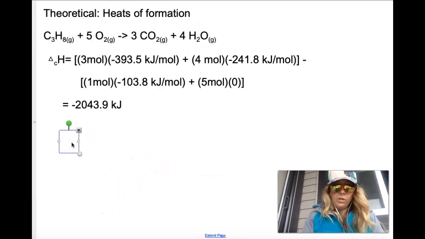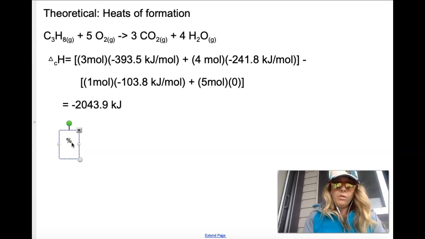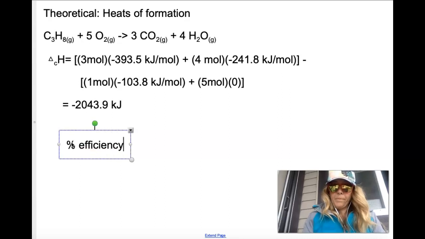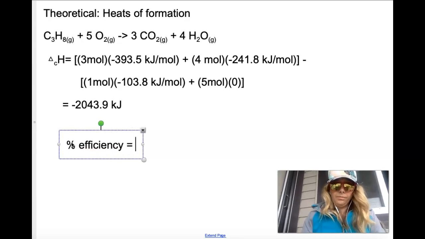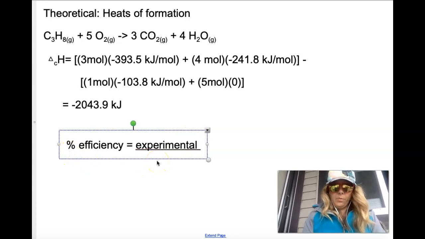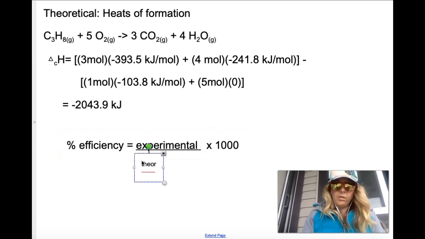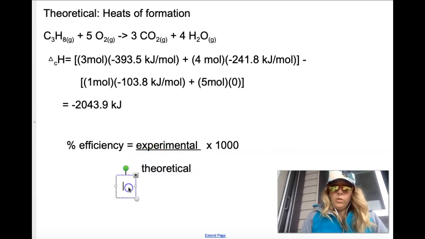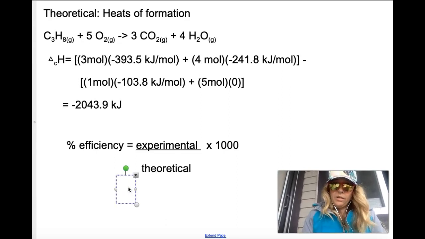Okay, but now that I have all of that, we can calculate our percent efficiency, right? Because it is going to equal the experimental times 100 over that theoretical. Okay, so we got to make sure that we use the whole numbers in our calculator.